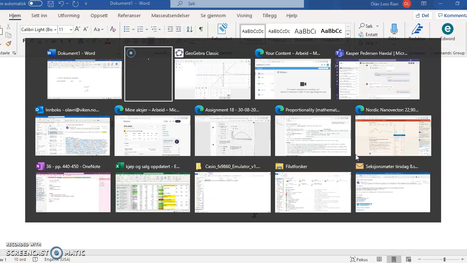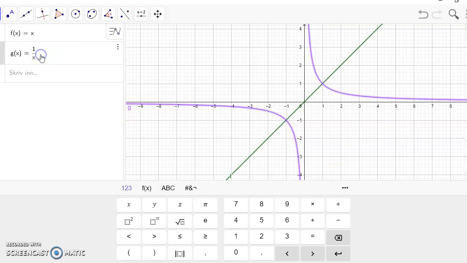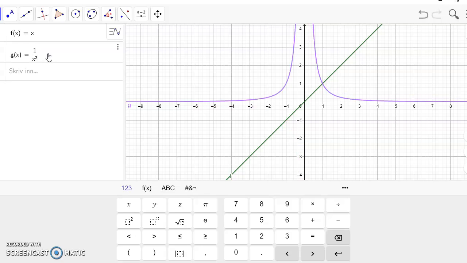And if we try that with a different power, it's going to look stranger still. We could certainly try that. 1 divided by x to the power of 2, for example, would look like this. And 1 divided by x to the power of 3 would look like this.